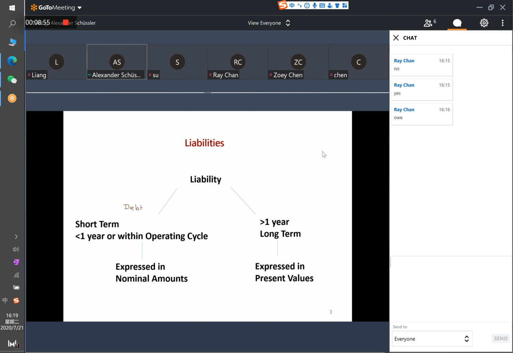When we're talking about liabilities, we're talking about short-term liabilities and long-term liabilities. So you have to differentiate between short-term and long-term. Short-term liabilities means they are shorter than 1 year, or they are paid within the operating cycle.